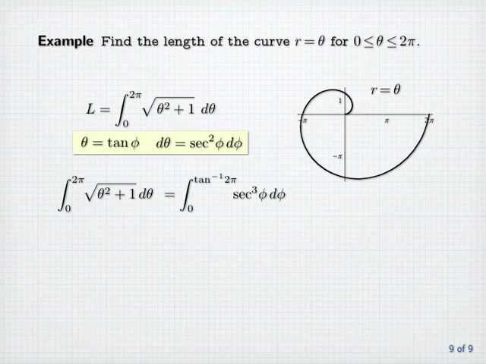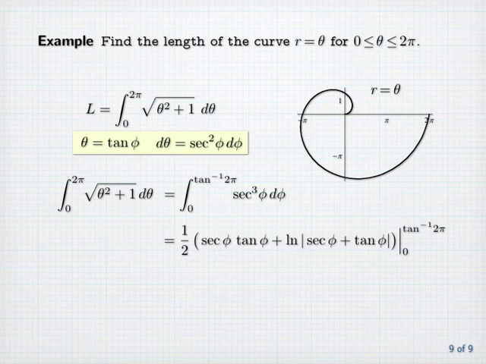Now recall that secant cubed phi may be integrated by parts, and the result is 1/2 secant times tangent plus the natural log of the absolute value of secant plus tangent. Now we need to evaluate this between 0 and the inverse tangent of 2 pi. The tangent of the inverse tangent of 2 pi is of course 2 pi.